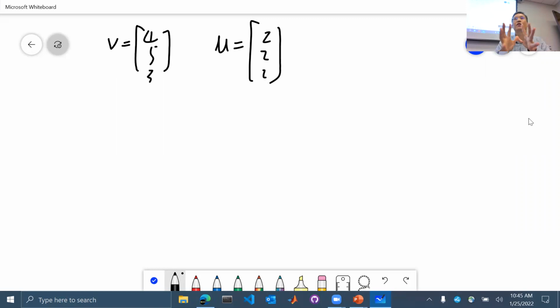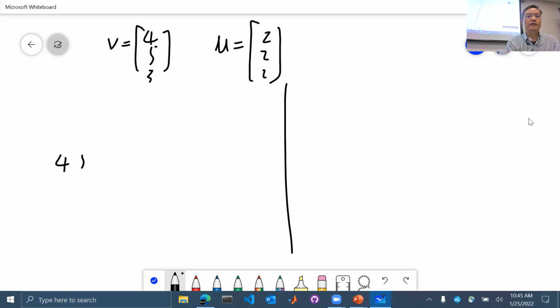Can you do this using the same principle, the same way you do the matrix multiplication? I will say there are two ways you can do it. First, you put V horizontal, so you have 4, 5, 3. And then I will arrange 2, 2, 2 here. So what's the dimension of the end product?